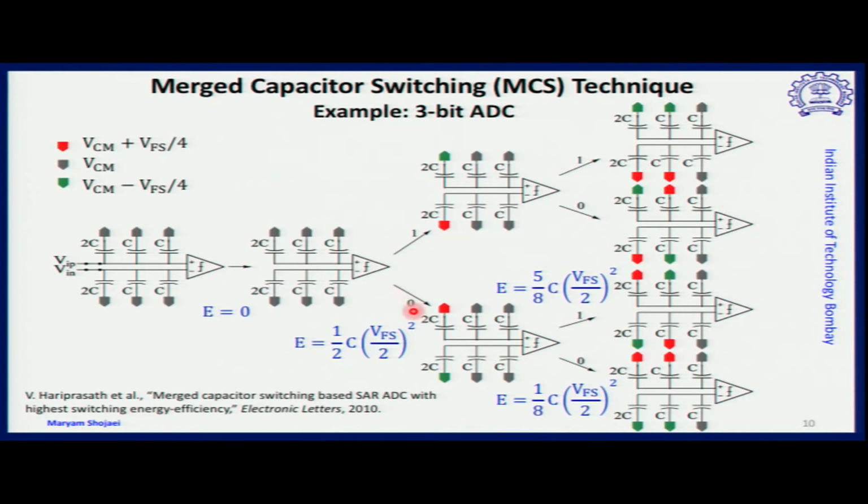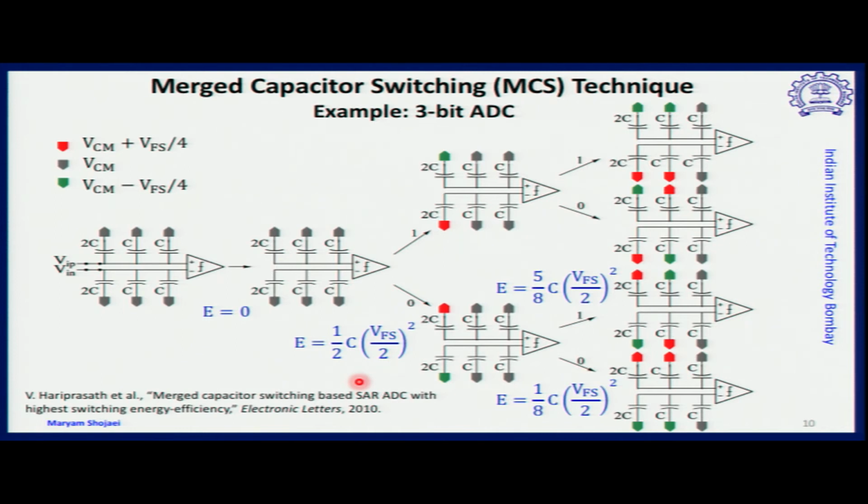If the decision by the comparator is 0, in other words, comparator says that V in N is less than V in P, in that case, the switching will be opposite to the switching which happened for the case output was 1. And we follow this path for the example of the expression for the consumed energy.